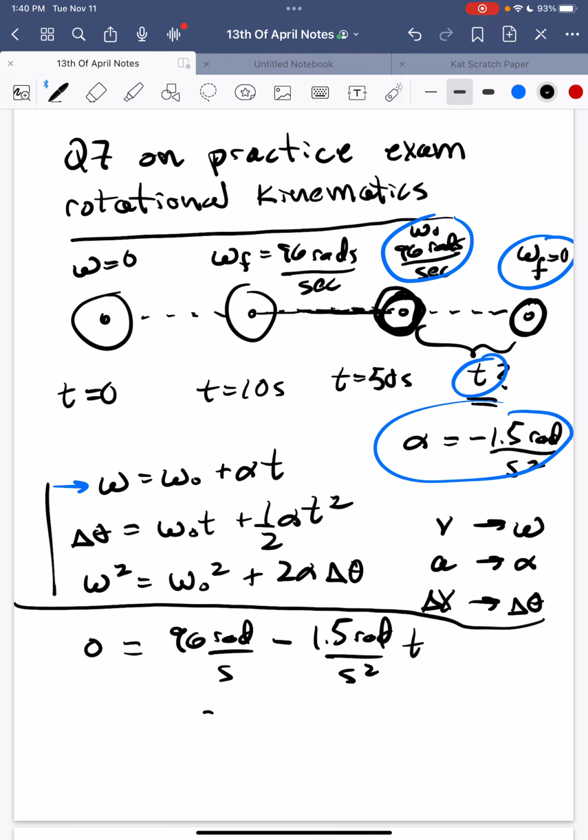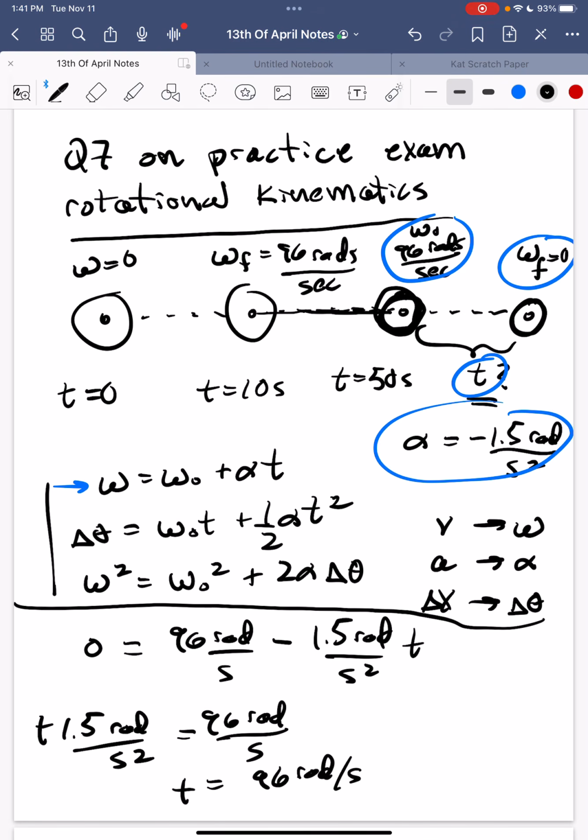So I get something like this: 96 rads per second equals 1.5 rads per second squared times t. So t is going to equal 96 radians per second divided by 1.5 radians per second squared.